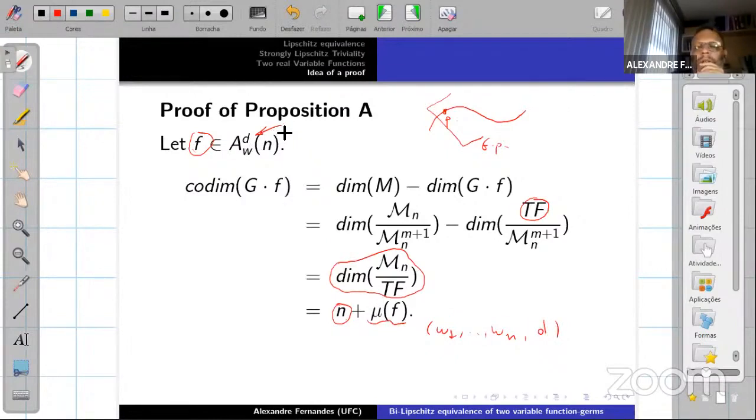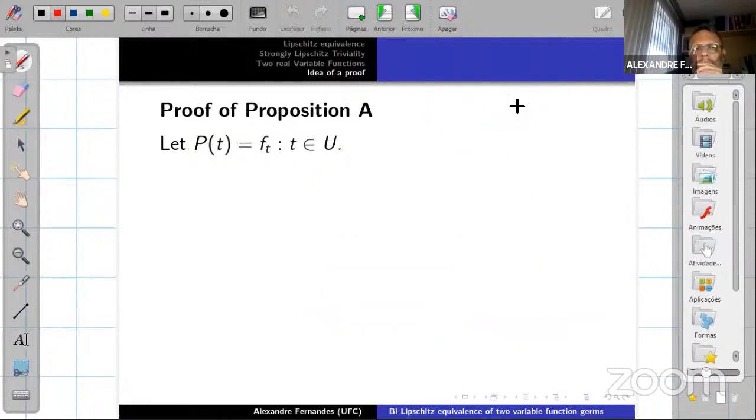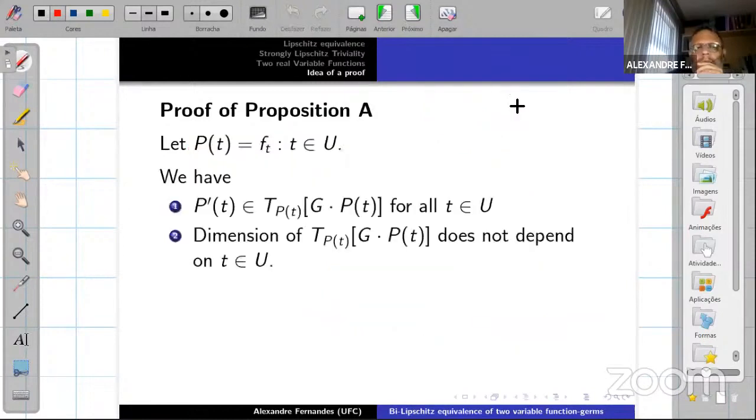Then all the orbits have the same dimension along a path of isolated singularity weighted homogeneous functions. So then we have the derivative of the path.